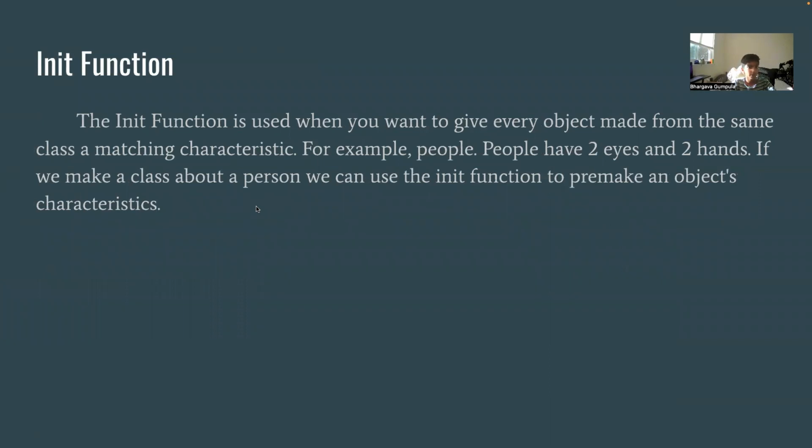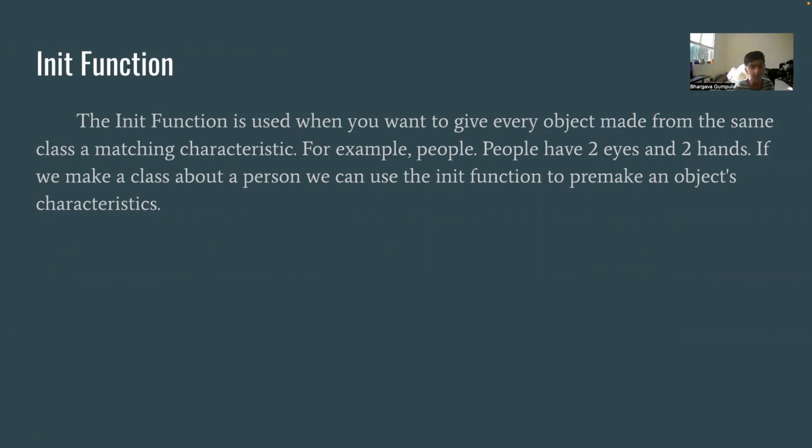The init function is used when you want to give every object of a class the same characteristic. For example, let's say people, there's two people. They both have 2 eyes and 2 hands, because that's what normal people have. So if we make a class about a person, we can use an init function to pre-make the fact that they have 2 eyes, 2 hands, and maybe 2 legs, 2 ears, or whatever.